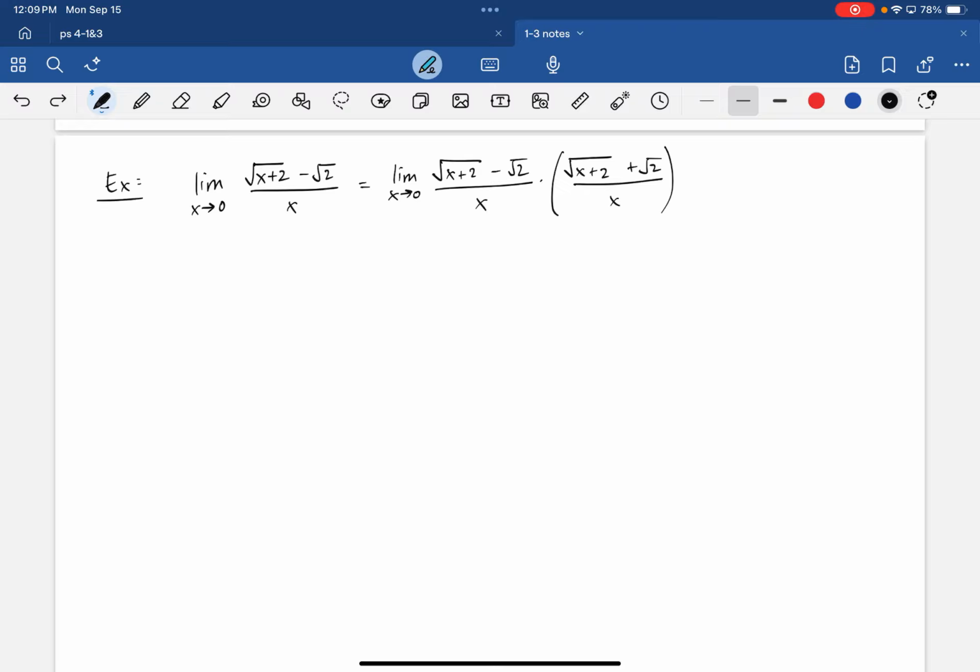Or if it were a plus sign, we would change it into a minus sign. This utilizes the difference of squares formula, and it helps us make the numerator rationalized. So we're going to basically just multiply by this.